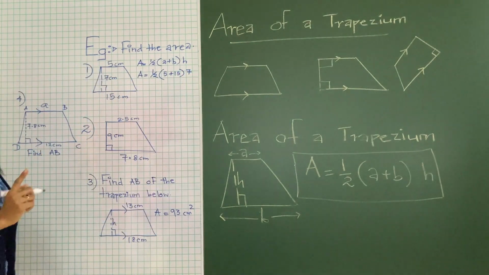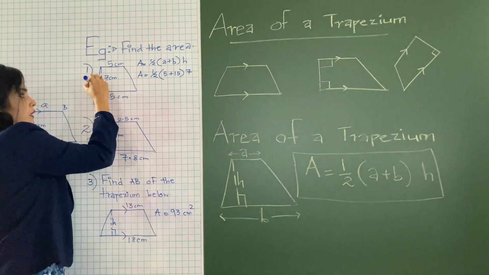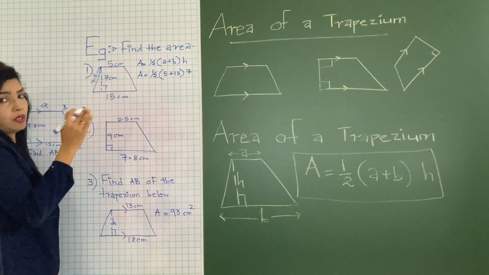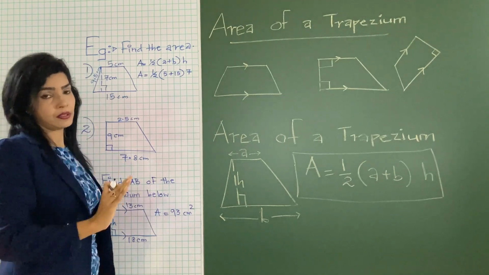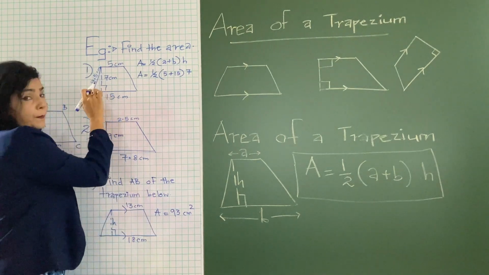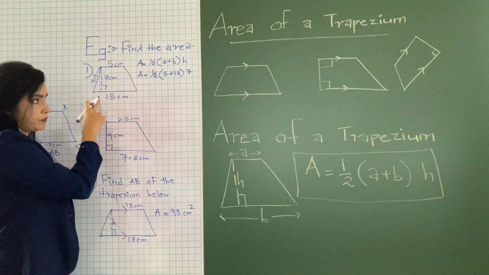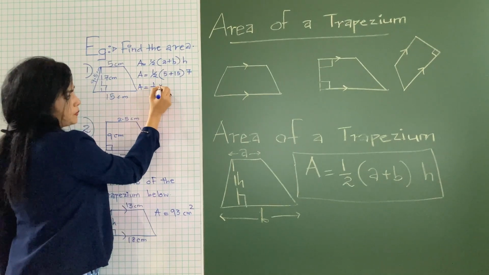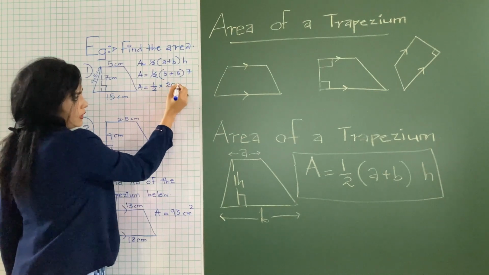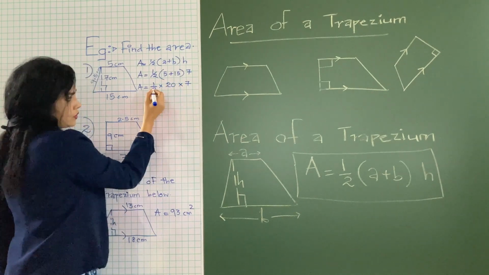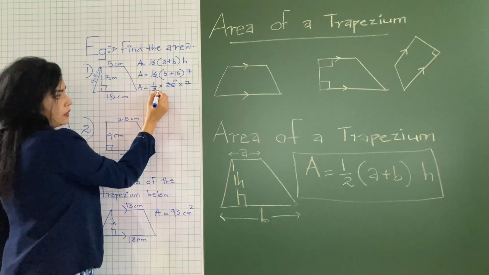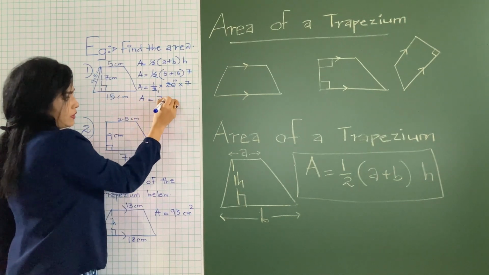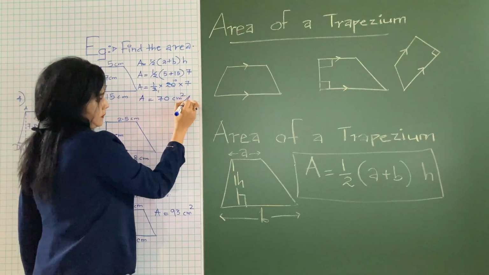Perpendicular height. Now as I told you, if they give here as 9.5 centimeters or any value, you should not use it, because we have to use the perpendicular height only. And this one, half times 15 plus 5 is 20 times 7, so you can cut this. 2 times 1, 2 times 10, 70 square centimeters.